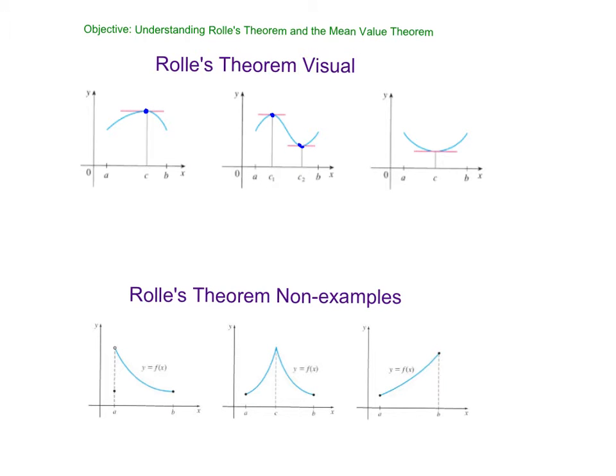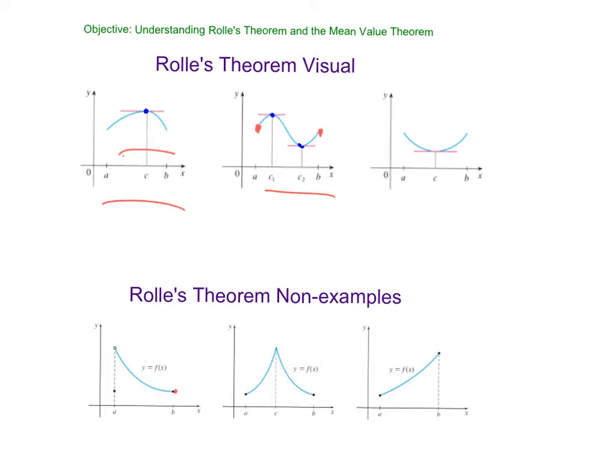So here's some visuals. On this one, again, remember that f of a and f of b have to be equal. So there's one answer here, two answers here, one answer for the third one, and then non-examples.